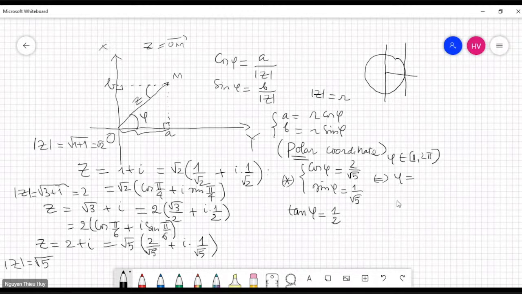The angle is not so nice. This is 1/2, but we can write something like arctan. Yeah, arctan of 1/2. This is enough now. We can write this because here the sine and cosine of phi are positive.